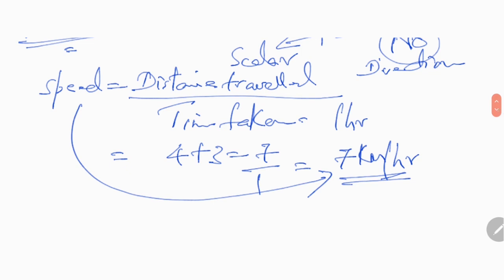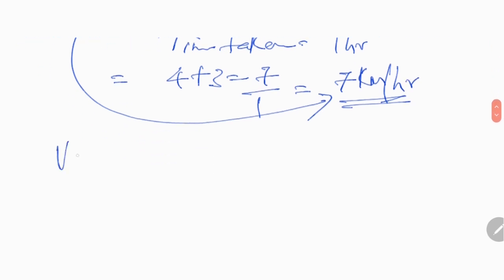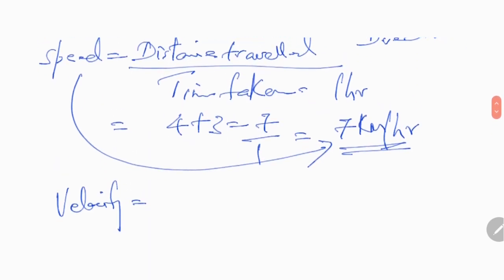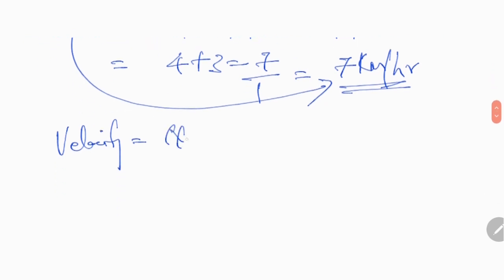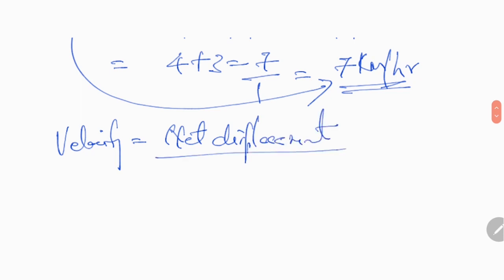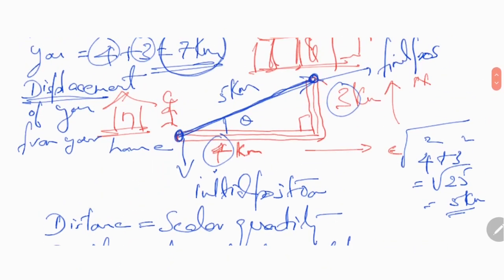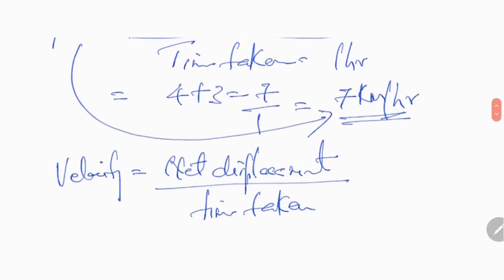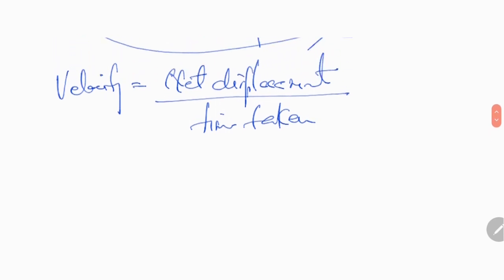This is your speed. Now what will be your velocity? This time, velocity will not be distance traveled, it will be net displacement by time taken. Okay, and what will be our net displacement? We can see our net displacement here was 5 kilometers. So our velocity will be 5 kilometers by 1 hour, therefore the answer is 5 kilometers per hour.